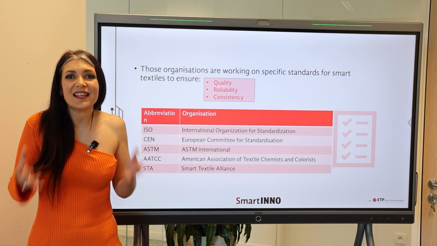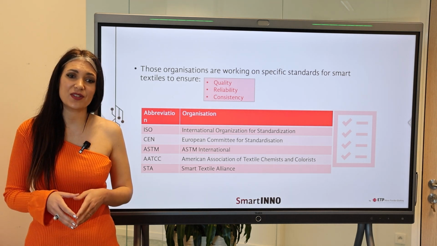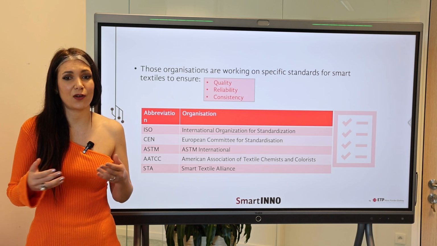So why is standardization so hard? Several reasons make standardization in smart textiles complex.